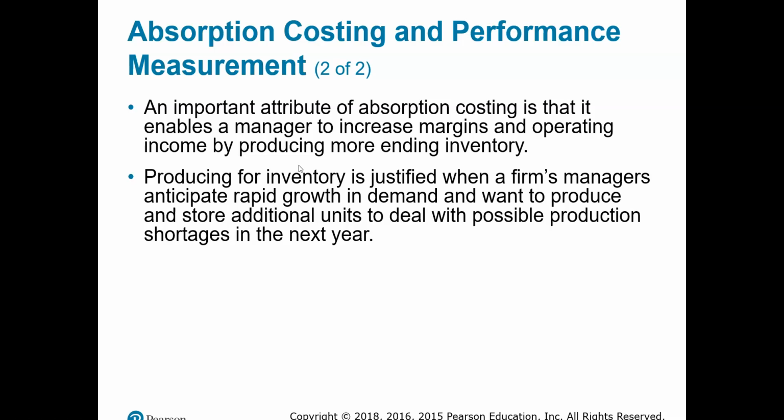Remember, during the pandemic, we had runs on toilet paper, paper towels, food, a lot of things, Clorox wipes. So if we're rapidly going to see growth in demand, having ending inventory and producing just for inventory is great. Or when we're expecting shortages in the next year.